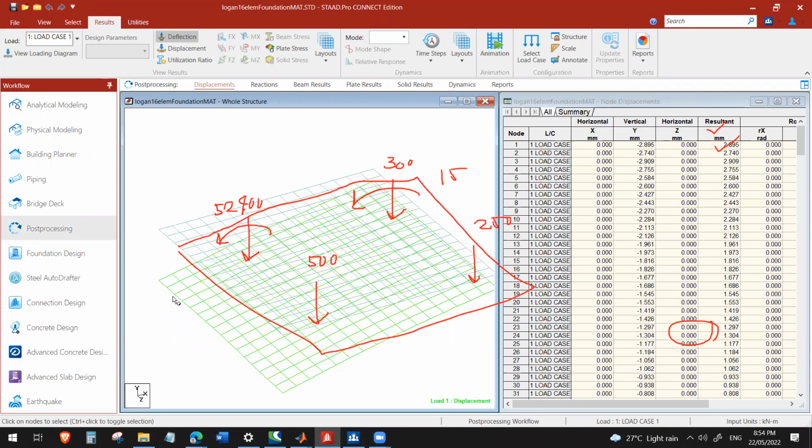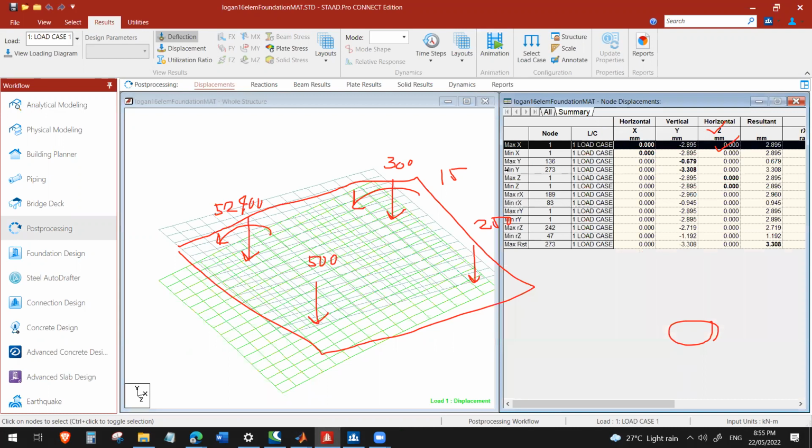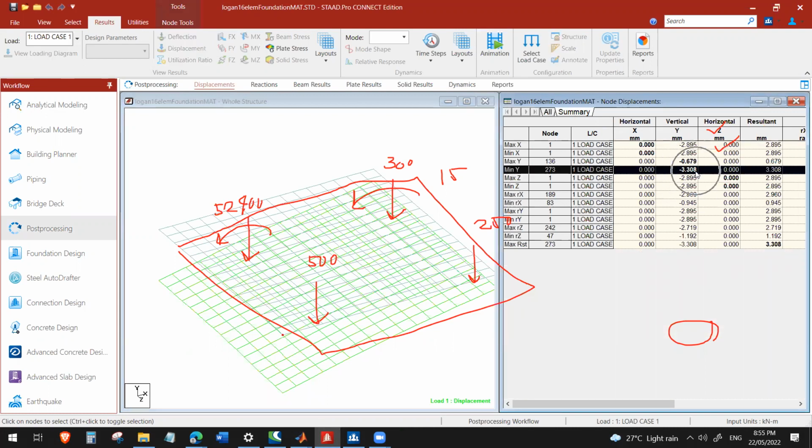So for the displacements, the maximum displacement is here because, as you notice, the 500 kilonewton concentrated load is the largest concentrated load applied, and it's on this location. So it makes sense that the maximum displacement is also here. The value is negative 3.3 mm.